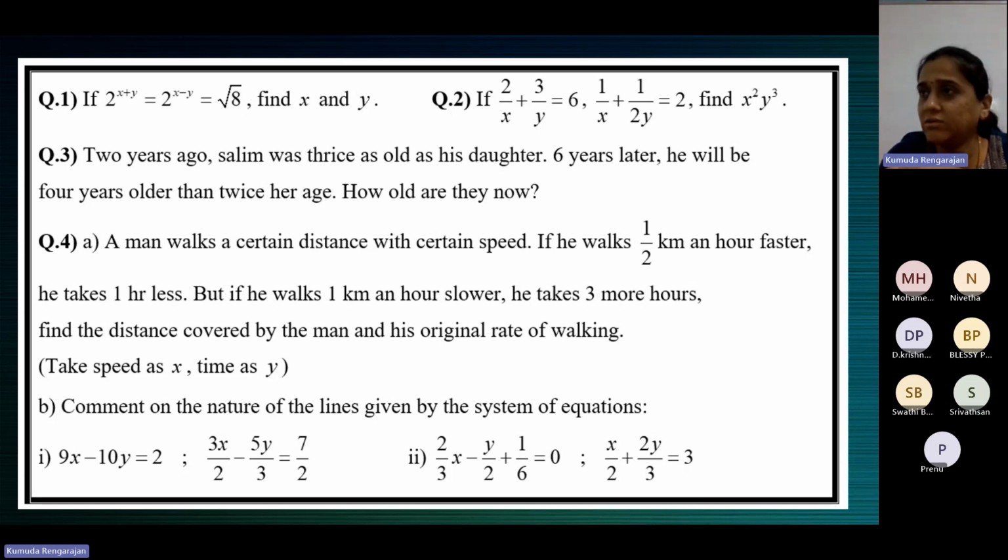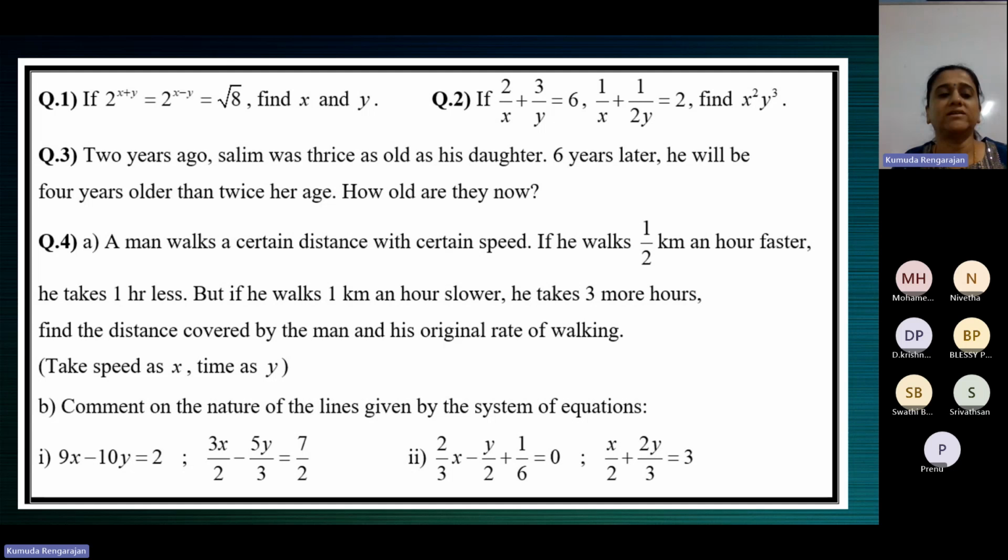So you're finding A1 by A2. Have you written A1 by A2 is equal to B1 by B2 is equal to C1 by C2? Very good, correct. That's what we're supposed to do.